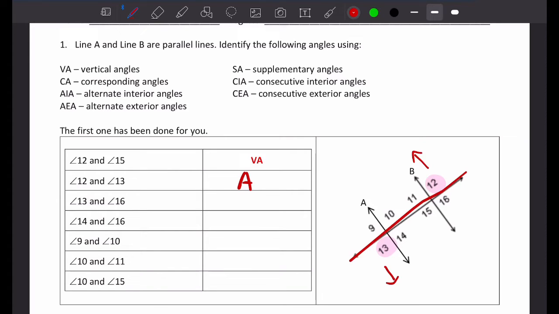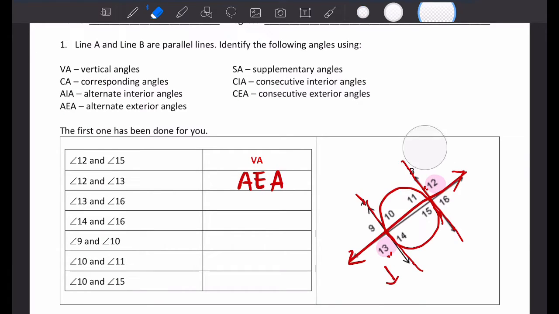And those two angles are not in between the parallel lines. These are the two parallel lines, okay? So they are external. So these two are alternate external angles. Alternate because they are on either side of the transversal line and they are not in between the parallel lines, okay? So that's why they are exterior, okay?